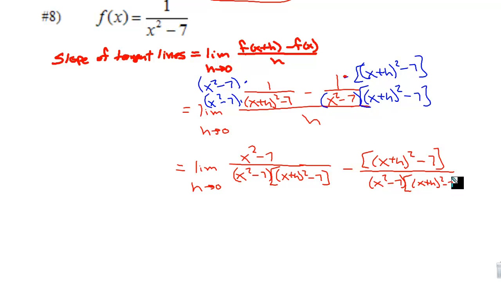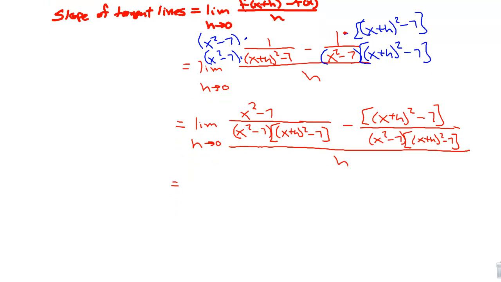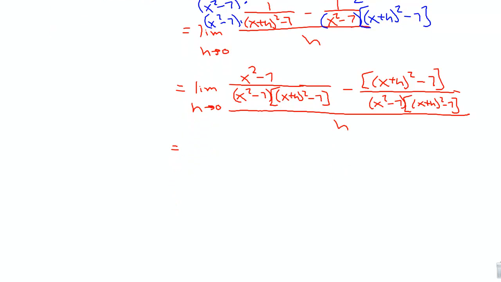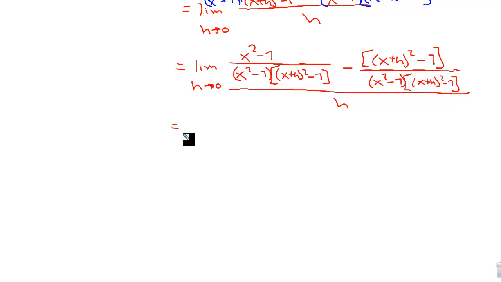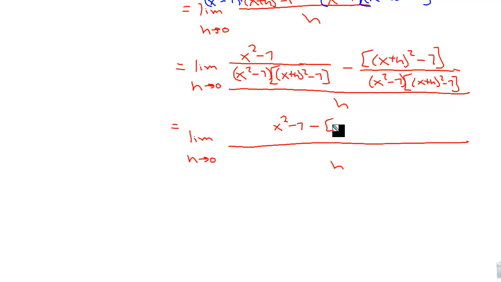Sum of x and h squared minus 7. This is all over h. Can now write this as one fraction: x squared minus 7 minus this mess here that needs multiplied out.